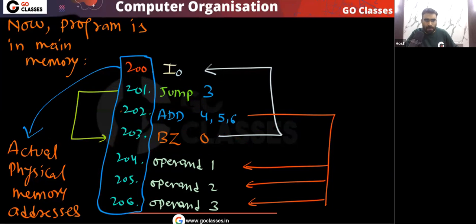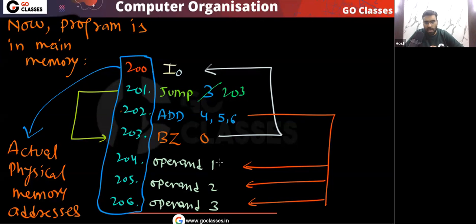So what is the idea? If I actually put 203, will it make sense? Will it be correct? But if I put 203, then will it be relocatable?